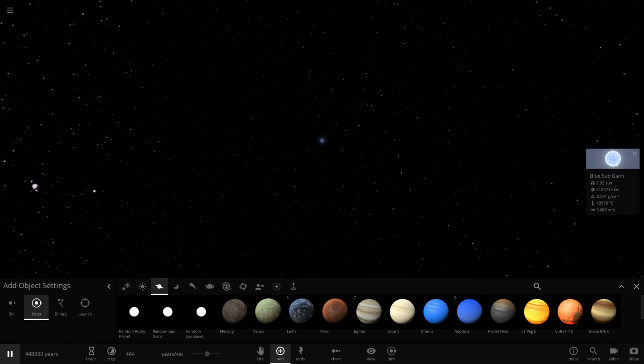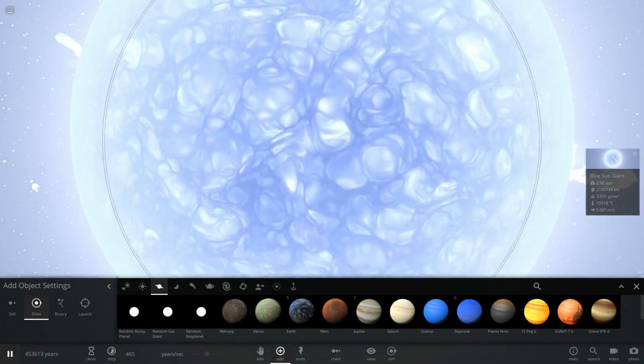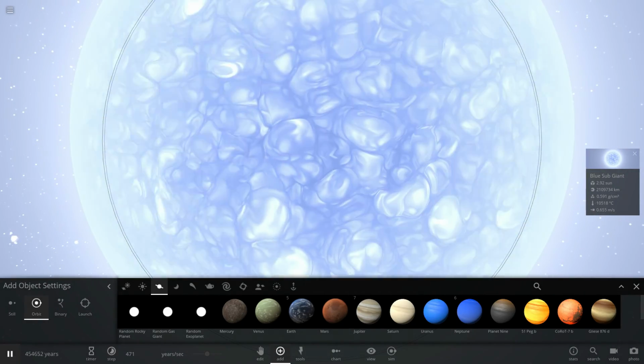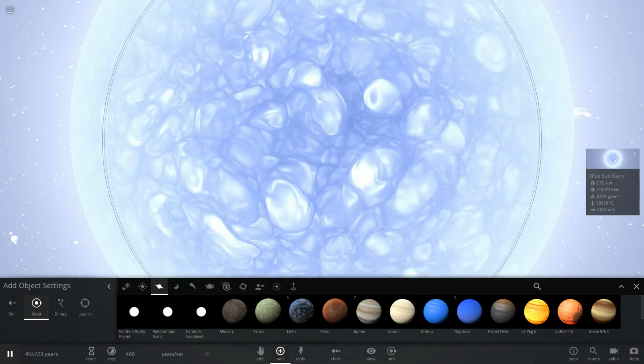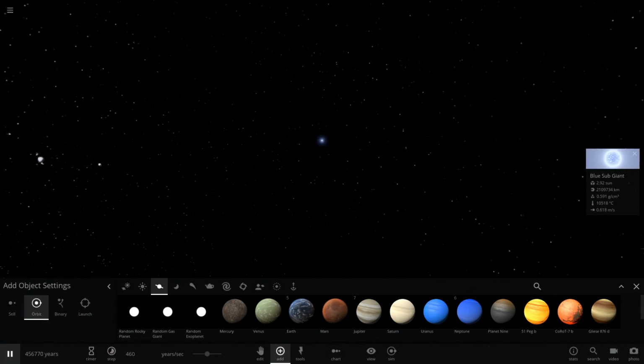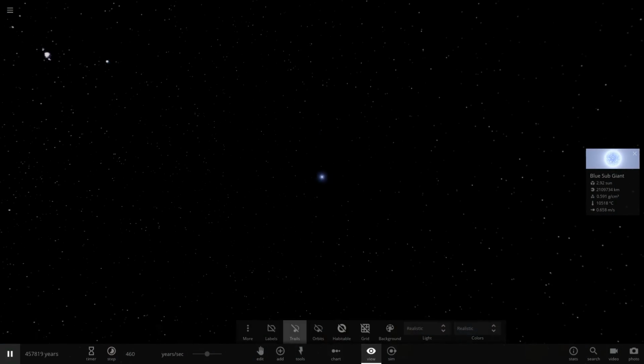When this star has a mega flare, it will get so bright. It'll be something like this, for example. Excuse me. It will be so bright. It will be horrendously bright.